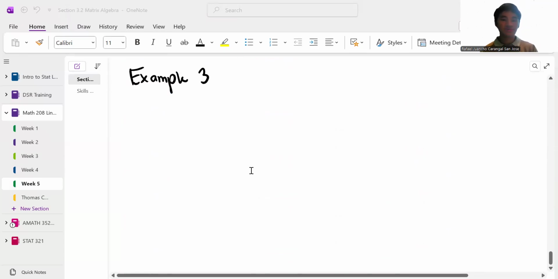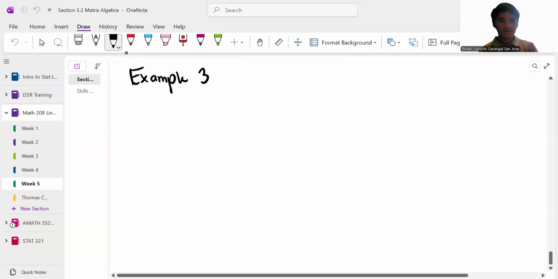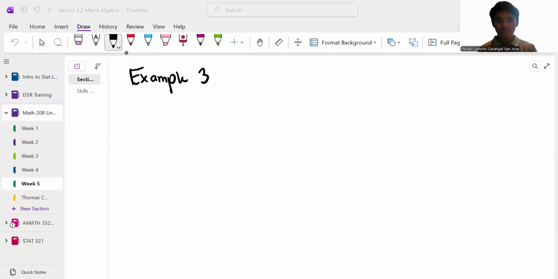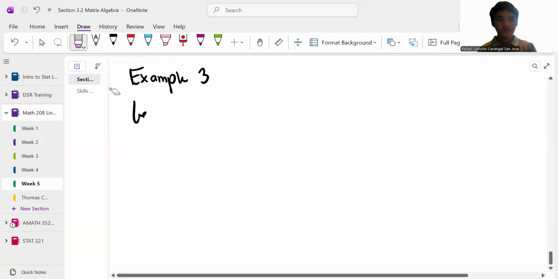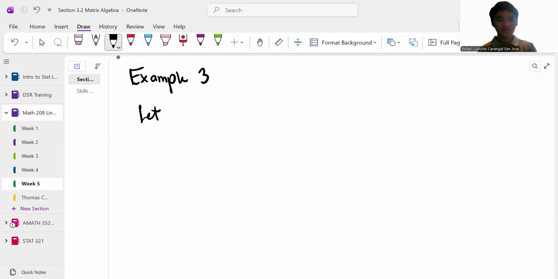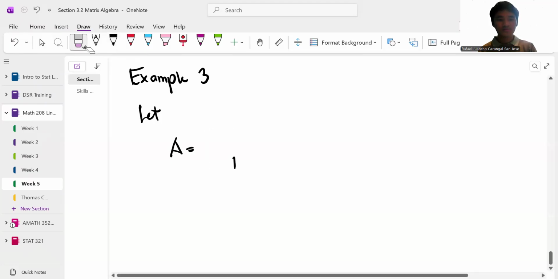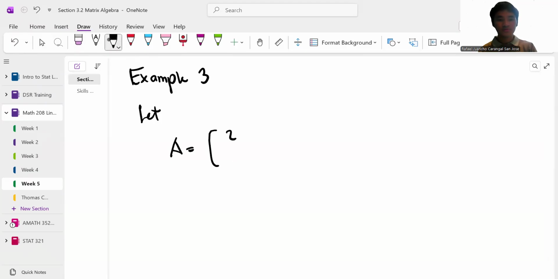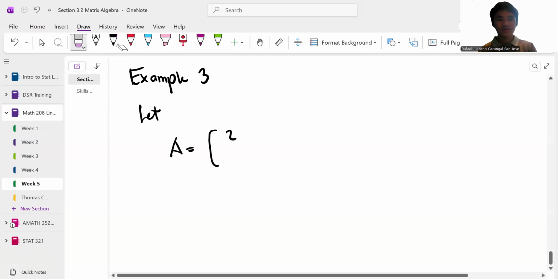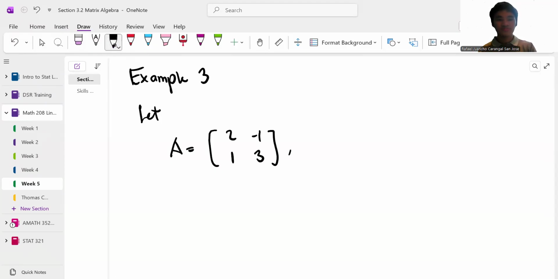Okay, so let's go to our next example here. So in this case, example 3. The problem says the given matrices are as follows. We let A be a 2 by 2 matrix: 2, 1, negative 1, 3.